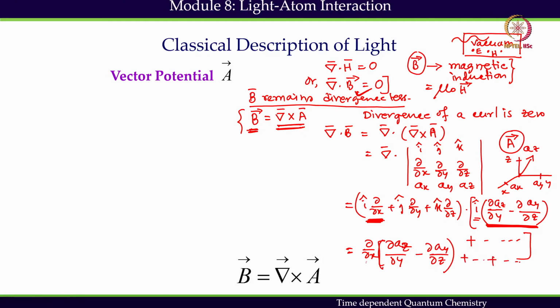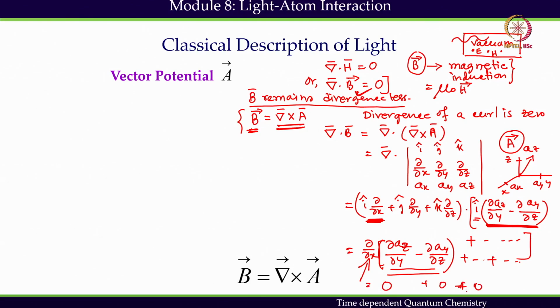Now, what we see is that this is the derivative with respect to x, but these terms do not have any x dependency. So, this entire term will be 0. Similarly, the other two terms will also be 0.